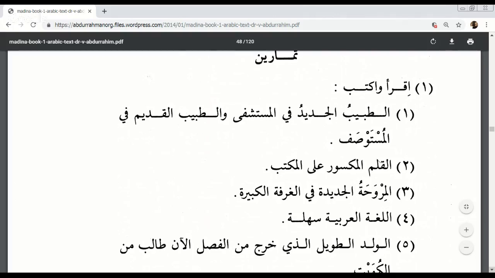So there's no sheen. So the new doctor is in the hospital and the old doctor is in the clinic. المستوصف means clinic. Exactly. The new doctor is in the hospital and the old doctor is in the clinic. Very good. Well done.